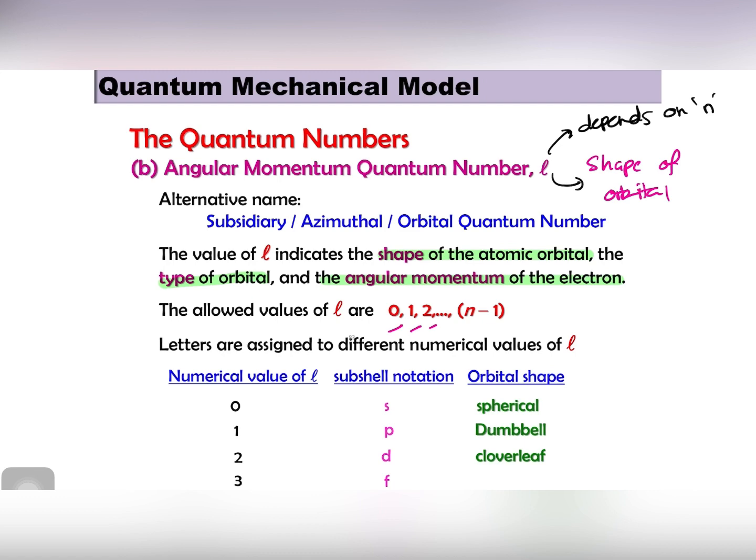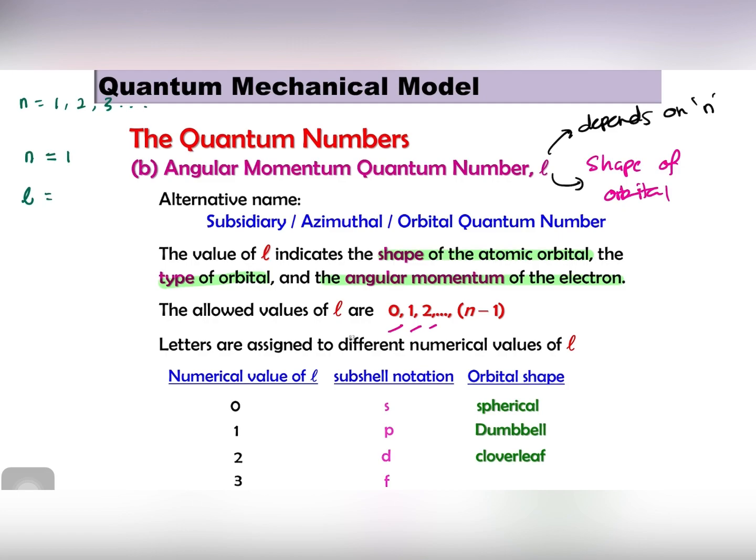Okay, principal quantum number. For example, if your value of N equals 1. Remember that the value of N must be an integer, right? 1, 2, 3 and so on. So let's assume the value of N is equal to 1, the energy level is N equals 1. So what about the L value?